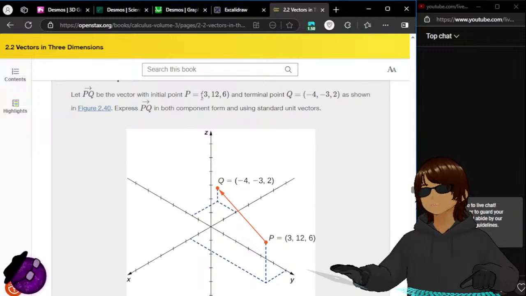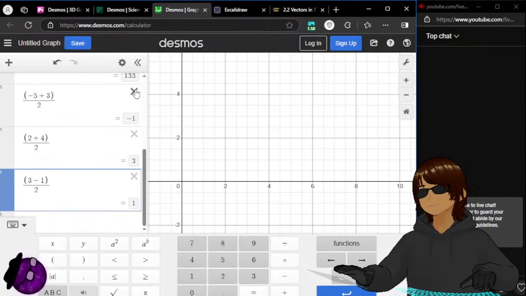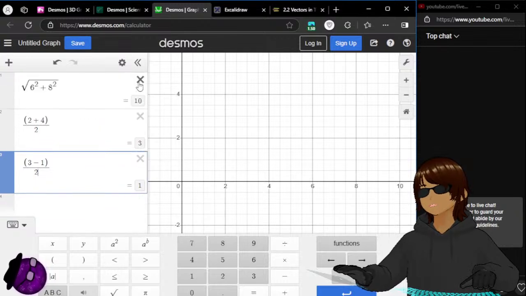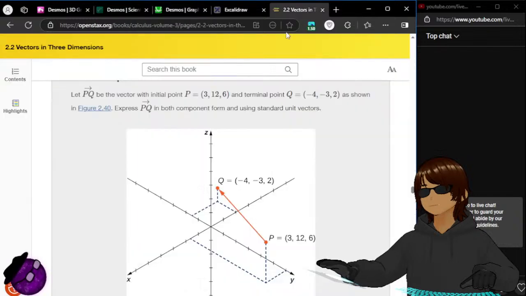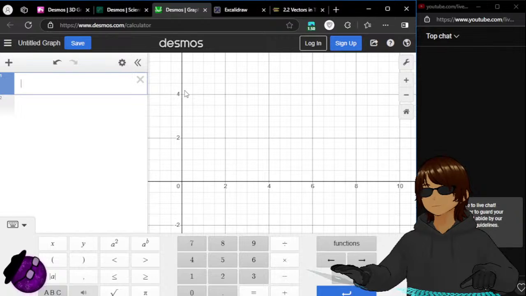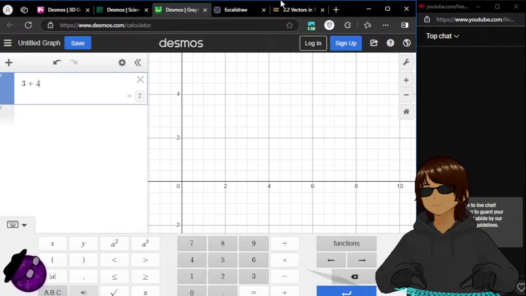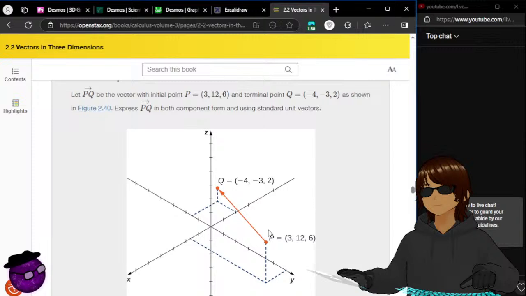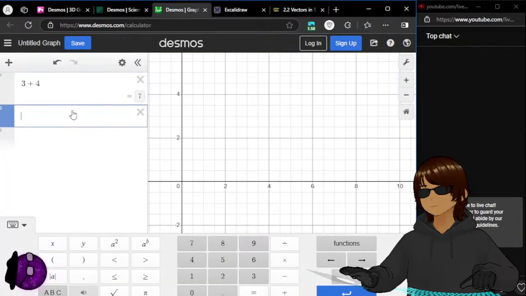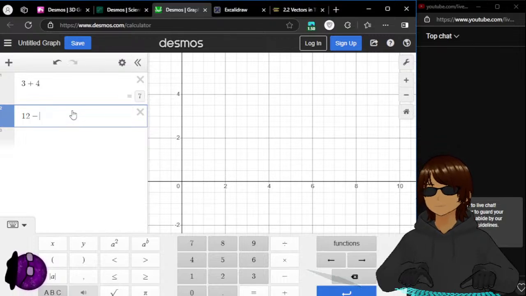So if I want to do this, I would do 3 minus negative 4, which is just plus 4, 7. 12 minus negative 3, which is just 15.